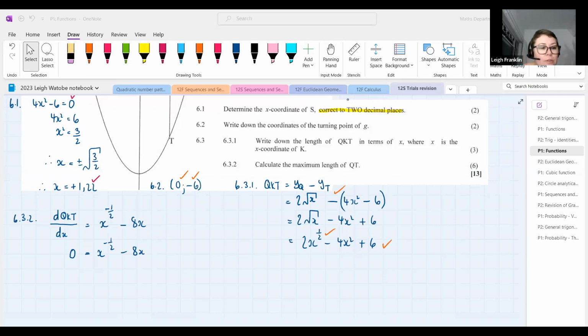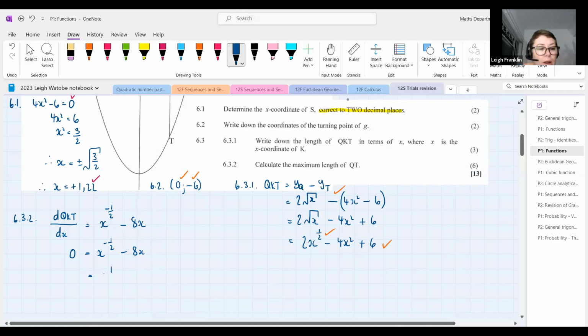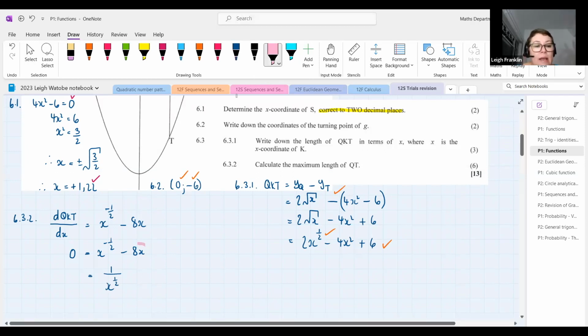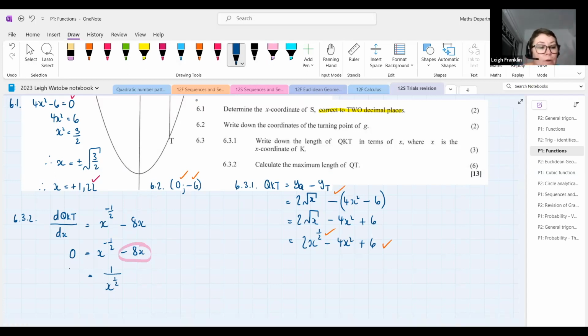Yes, absolutely. So I'm going to write this as 1 over x to the power of a positive half. Cool. And then the other thing that I can do in this case is take my -8x over to the other side and make it equal to positive 8x.